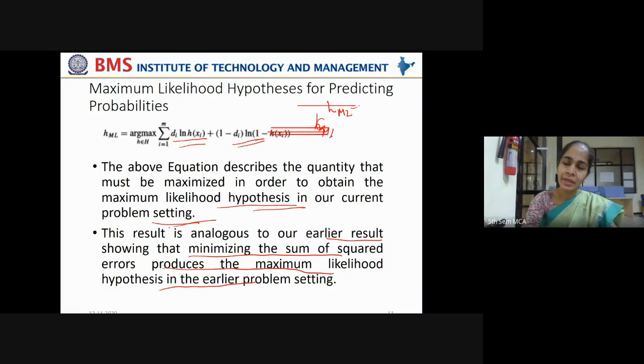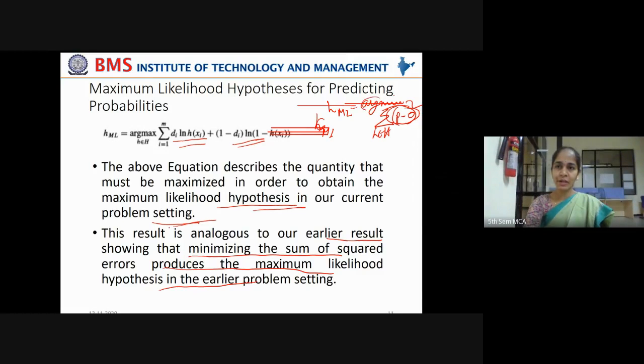HML is nothing but arg minimum of the sum of all the predicted values minus the original output, say O, squaring all of them. Minimizing that prediction error by arg minimum will give you the maximum likelihood.